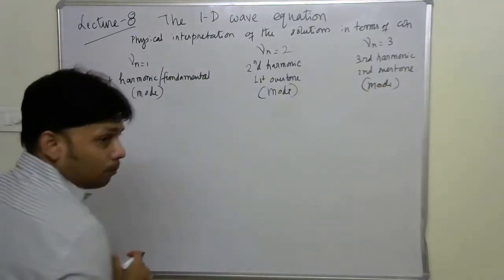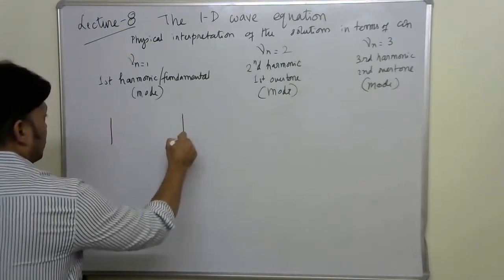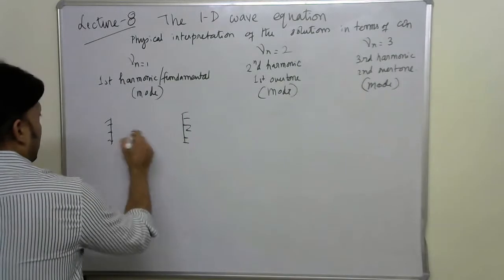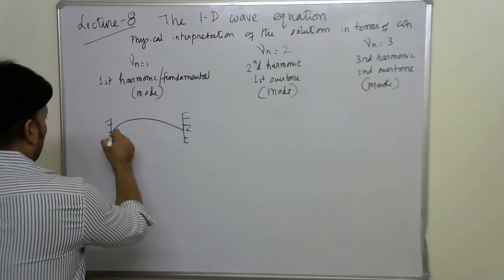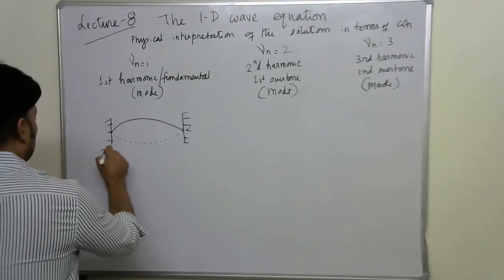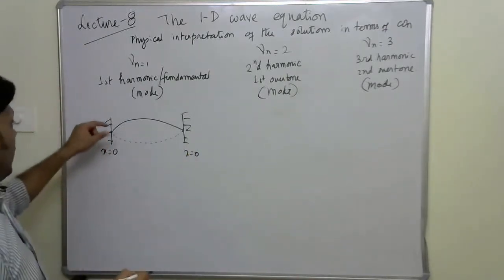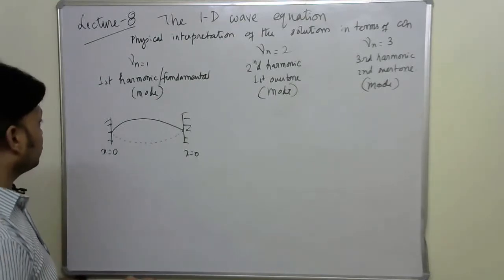So these are the different modes. For the fundamental mode, the string starts to vibrate this way, with both ends attached. The string vibrates symmetrically, where here x is equal to 0 and here x is equal to L. And there is no node in between.